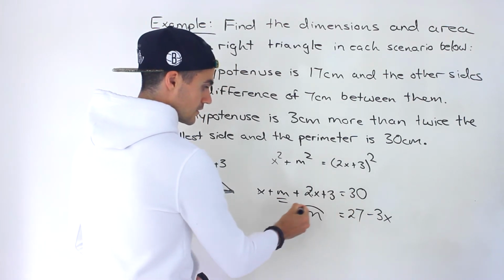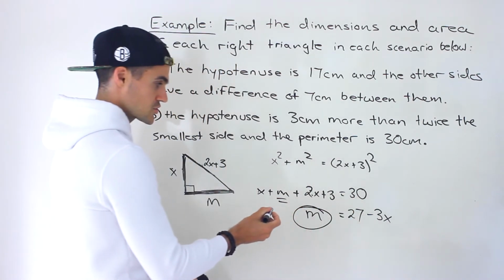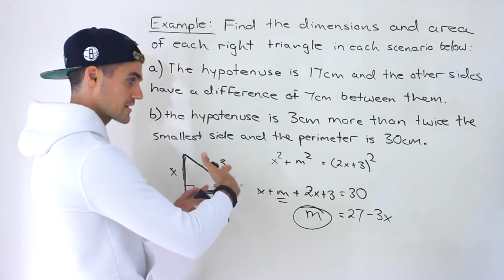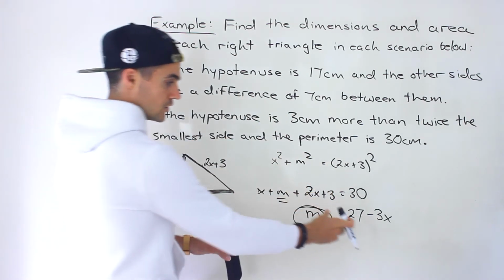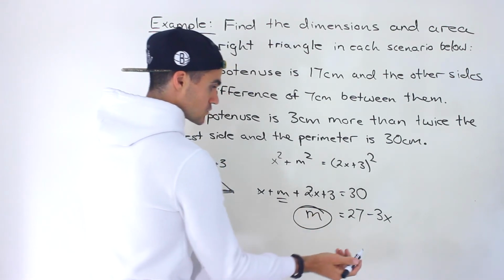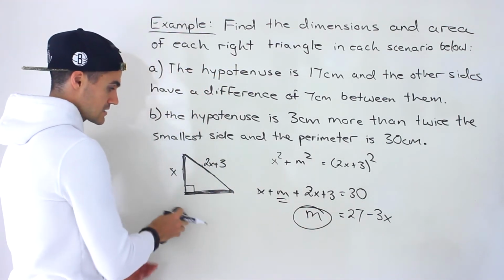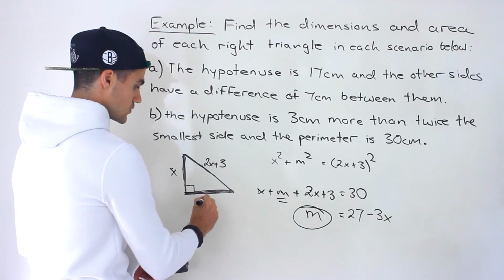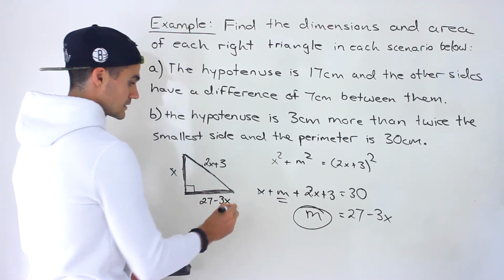And then we can get an expression for m in terms of x, bringing everything over to the right side, so we know m is equal to 27 minus 3x. And so we can rewrite this as 27 minus 3x, like that.